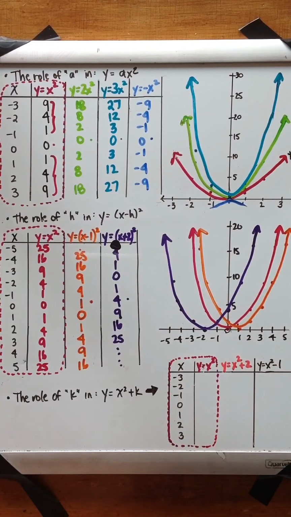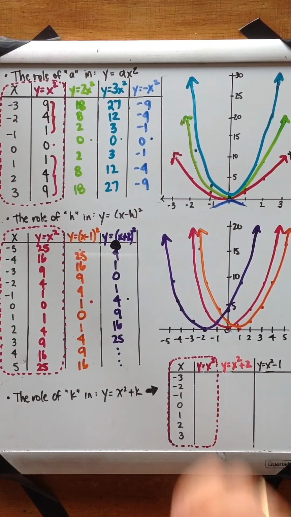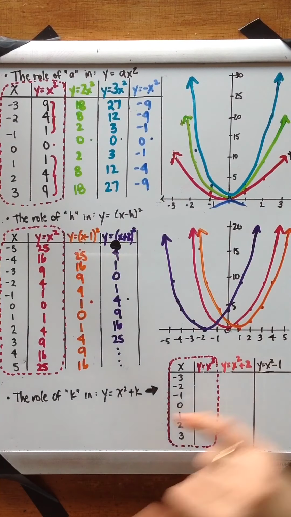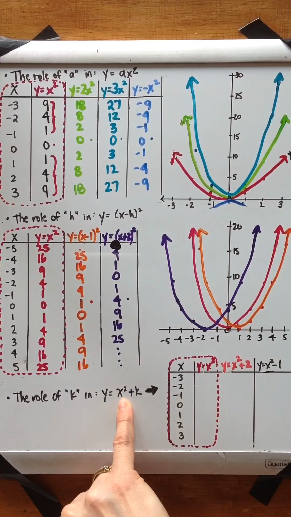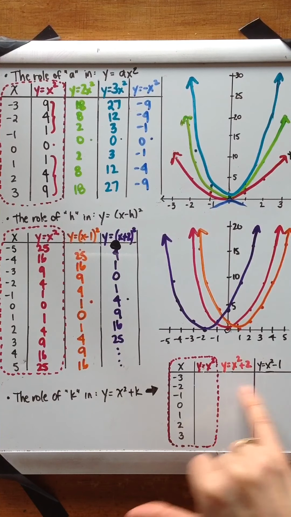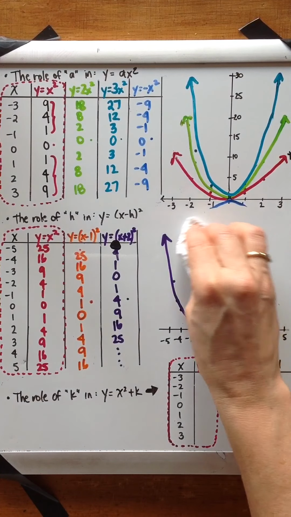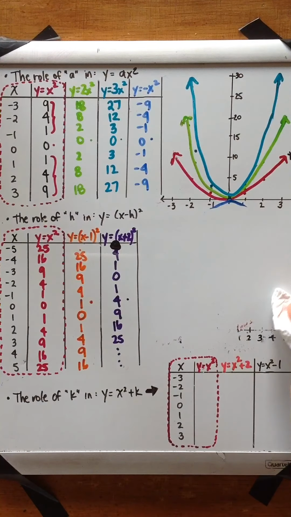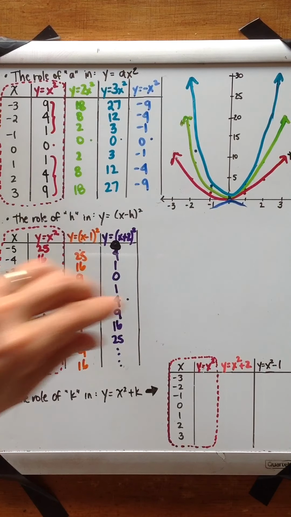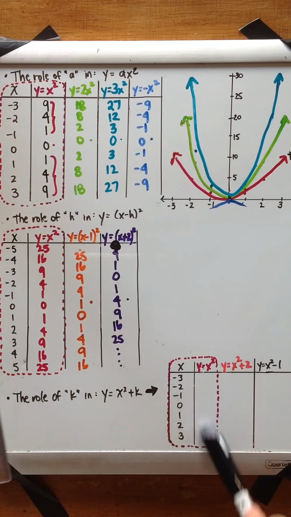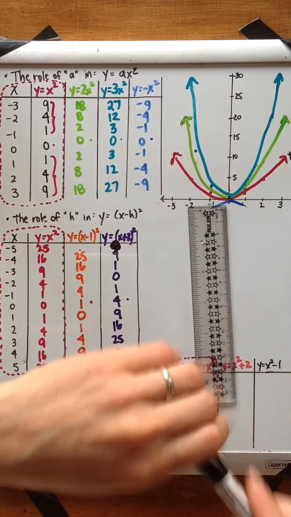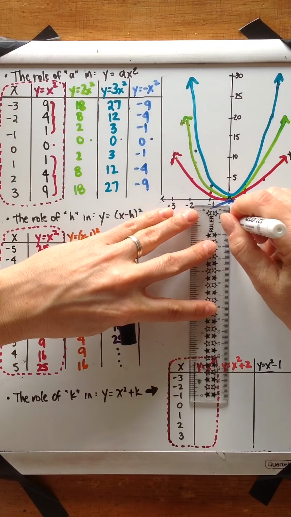Okay. Last piece in the investigation, I want us to see what happens if we have our y equals x squared friend, but then we add or subtract something to it after the squaring as opposed to before the squaring. So we'll start from scratch. And you can begin, this is on page 3 of your investigation, by putting in your values for here, because I'm hoping by now you see the pattern.